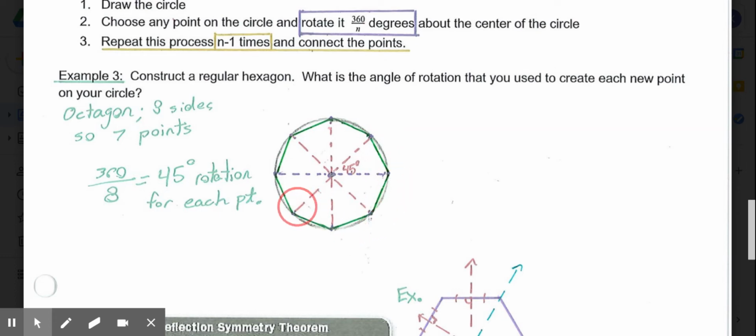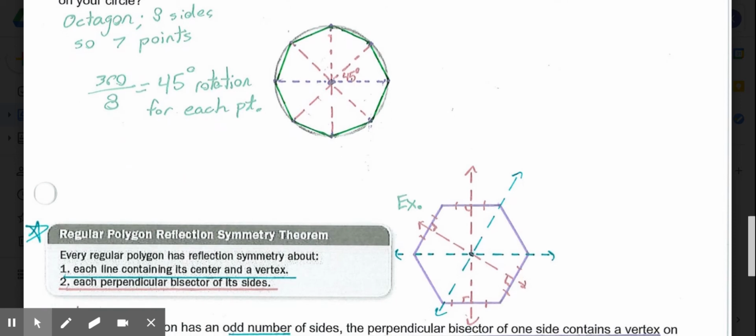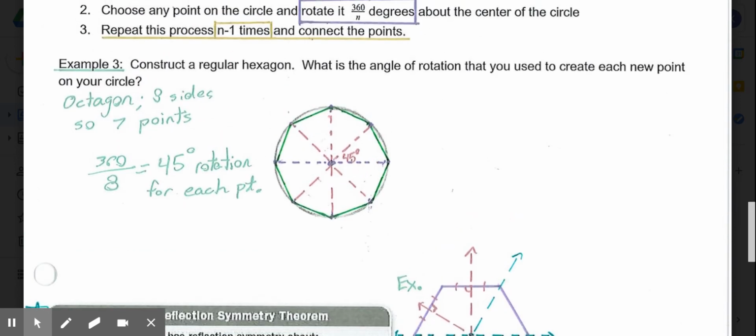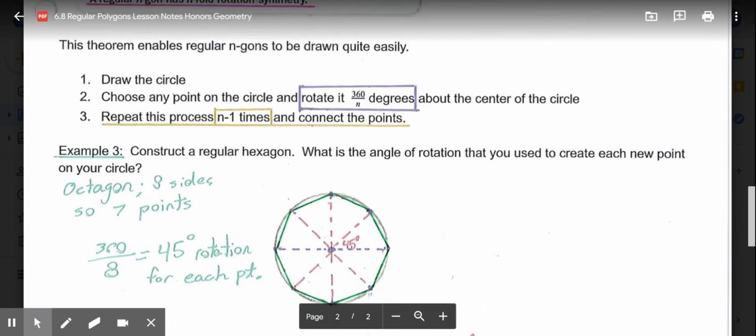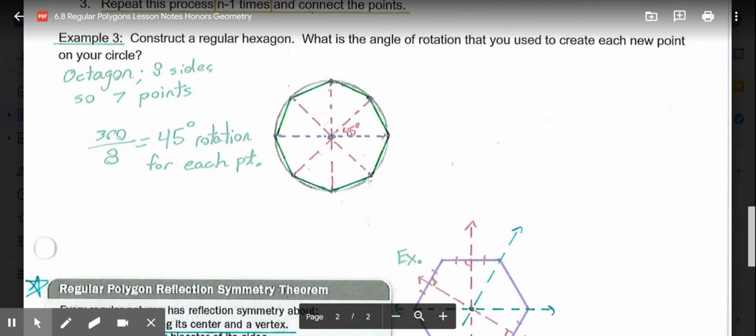You repeat that for all your other points, and then you just go in and draw the green segments here that I have from one point to the next with a straight edge, one point to the next, and so on, till you connect them all, and then you have your regular octagon. So if you'd like to give that process a try, the 3 steps here, I'd construct a regular hexagon here.